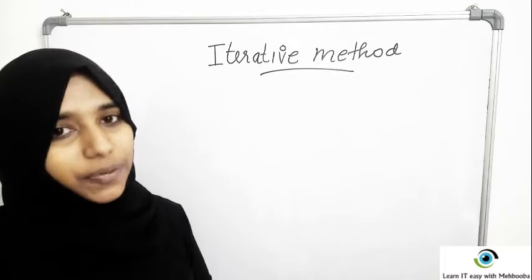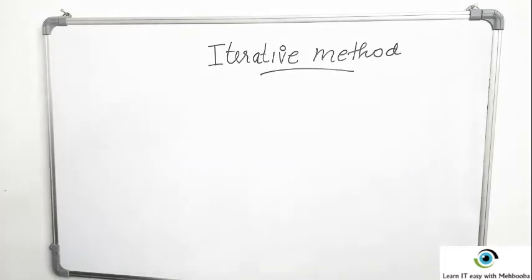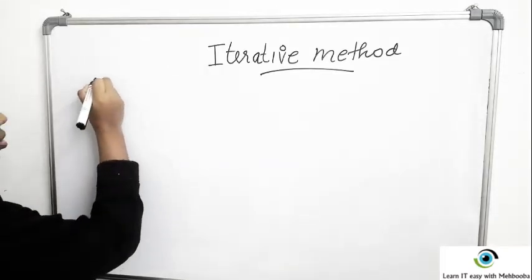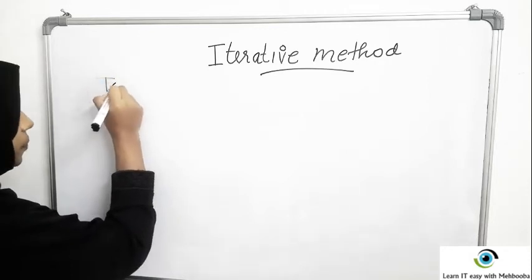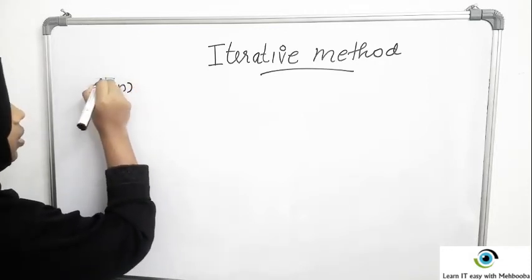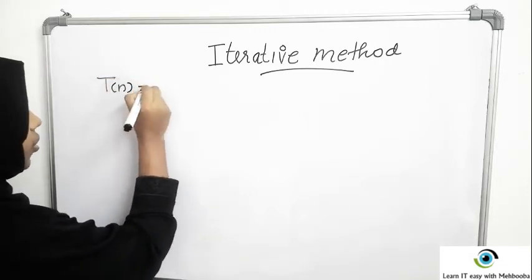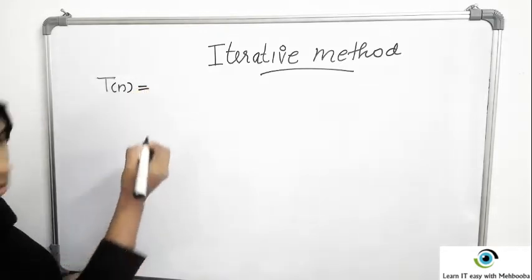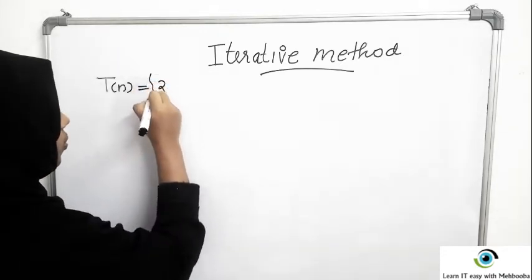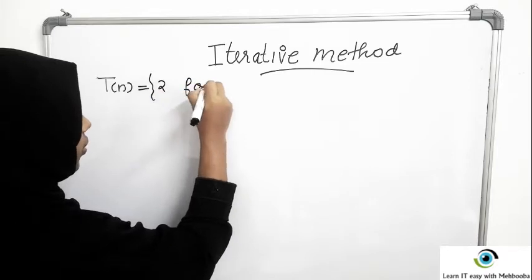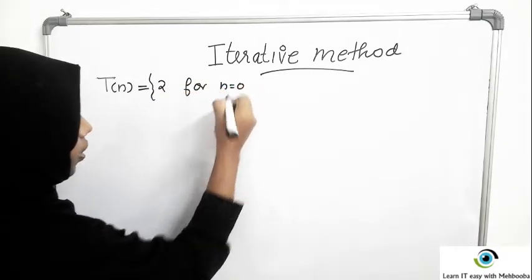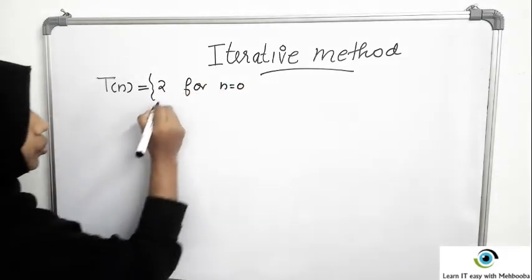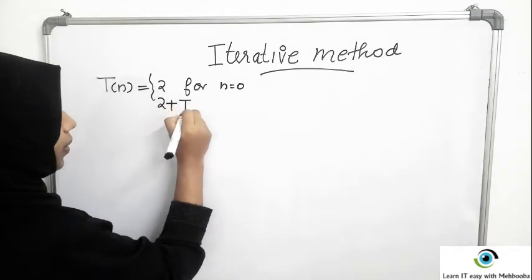So here goes the first example. Let the recurrence relation you got for some algorithm be T(n) = 2 for n = 0, or it is 2 + T(n-1) for n greater than 0.